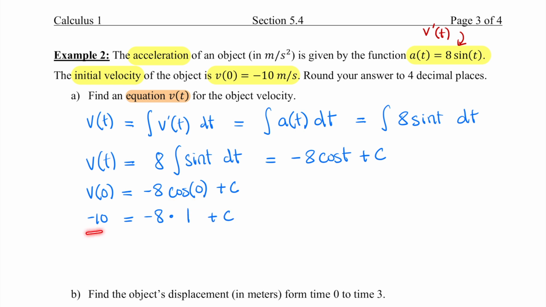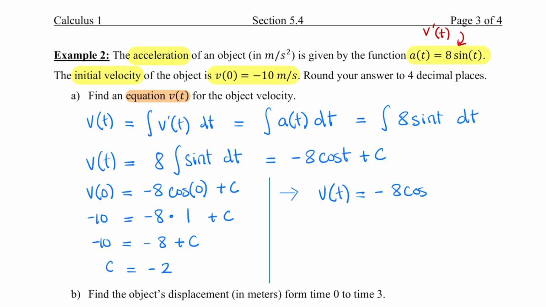So I have negative 10 equals negative 8 plus c. To solve for c, I add 8 to both sides. So c equals negative 2. So the equation v of t is negative 8 cosine t minus 2.